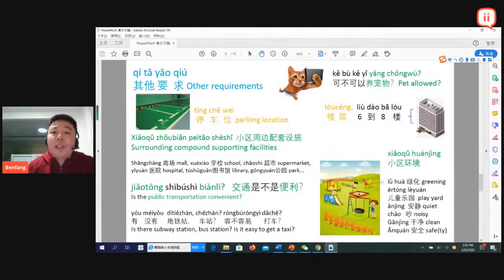So you can look at the 绿化, the greening work of the compound. For example, does this compound have a lot of 草地, grassland? 这个小区有没有儿童乐园, the children's play yard? 这个小区很安静还是很吵? Is it very quiet or noisy?